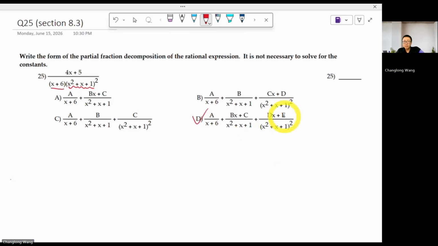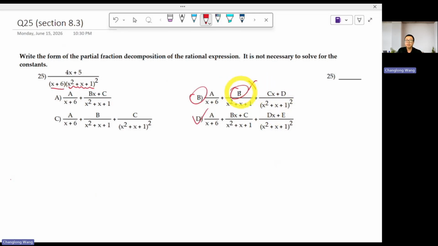There we go. But I think that people might pick letter B, if I remember correctly from our prior test. You see, the problem with the letter B is the numerator of a quadratic non-factorable denominator should be at least a linear factor.